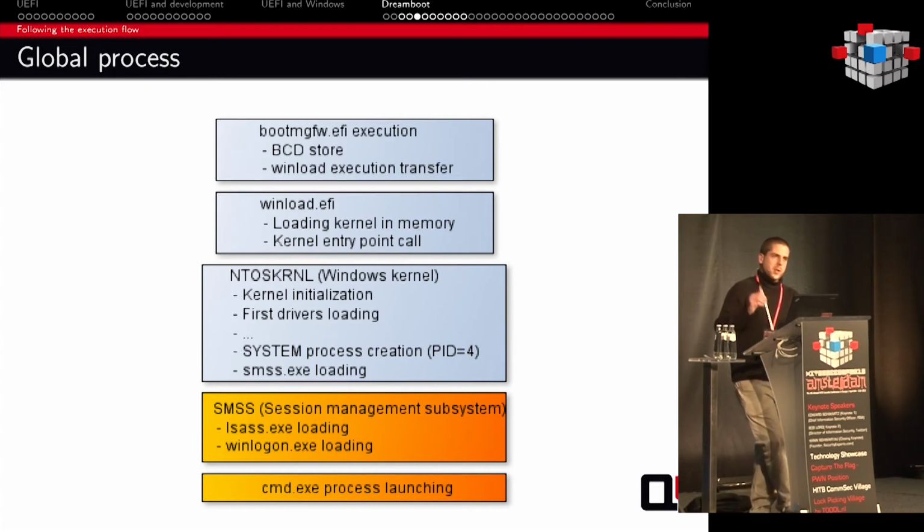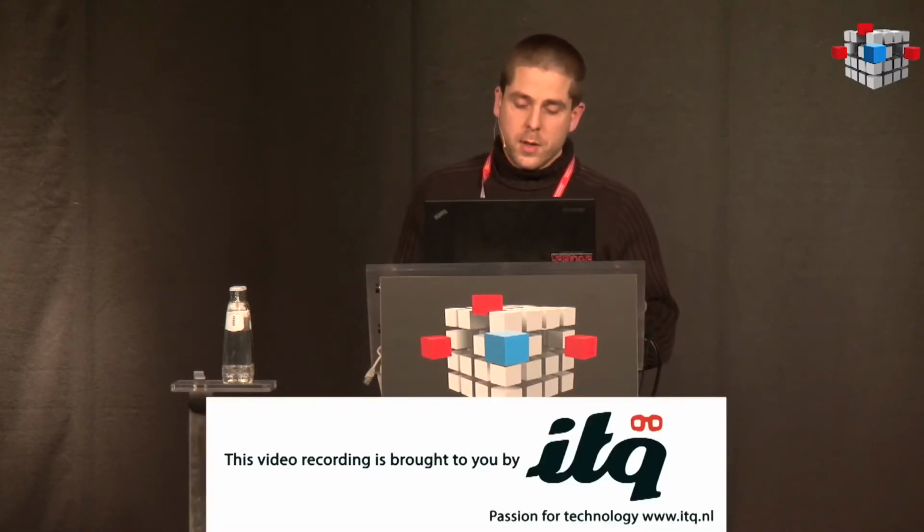And next is a classical kernel initialization process. After, we have the session management subsystem which is loaded, the login prompt API, and the user land environment is ready. So we just have to hook everything and sometimes relocate our code. We will see why.